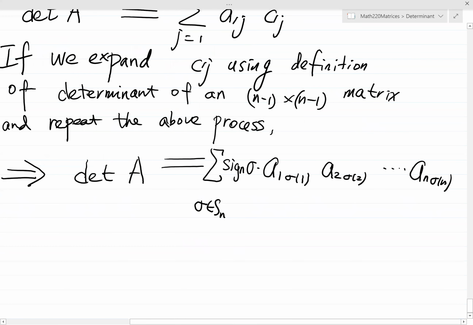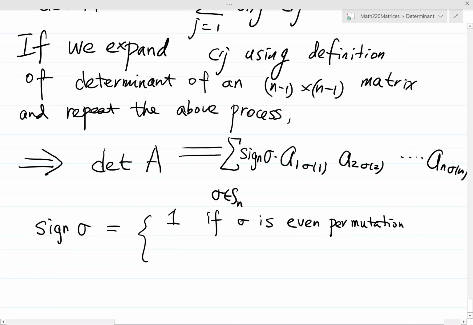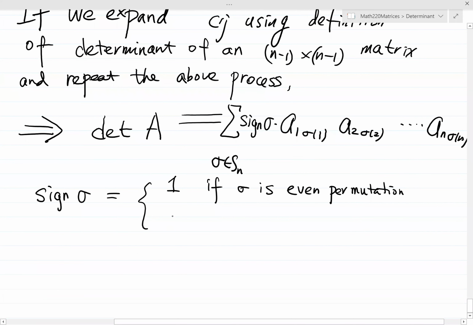How is sign σ defined? Sign σ is 1 if σ is an even permutation, i.e., you can write it as a product of an even number of transpositions. It's -1 if σ is an odd permutation.